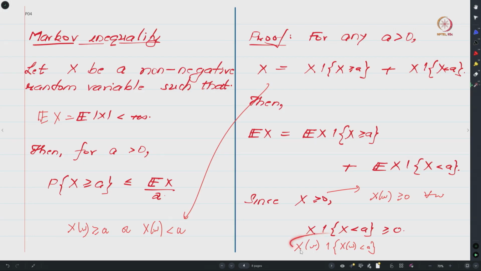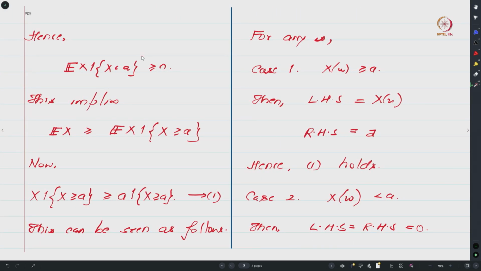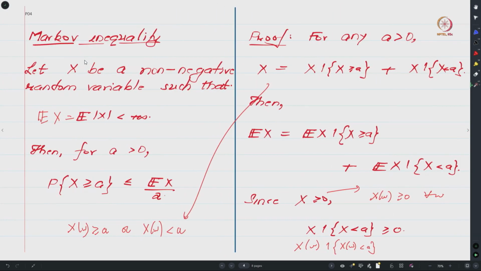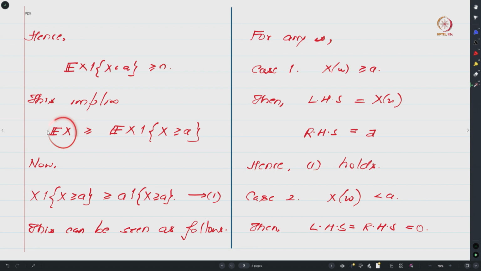In other words, this function is non-negative, and hence its expectation will also be non-negative. We have shown that the expected value of x is the expected value of this quantity plus this quantity, and the expectation of this quantity is greater than or equal to 0, from which we can conclude that the expected value of x must be bigger than the expected value of x times indicator x greater than or equal to a.